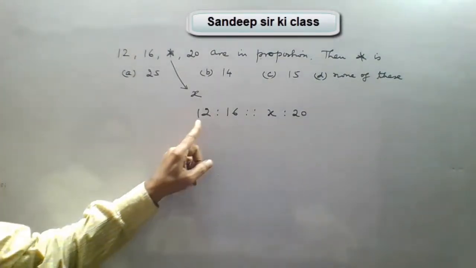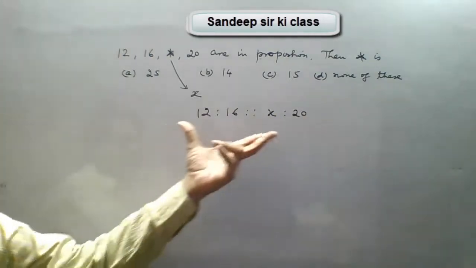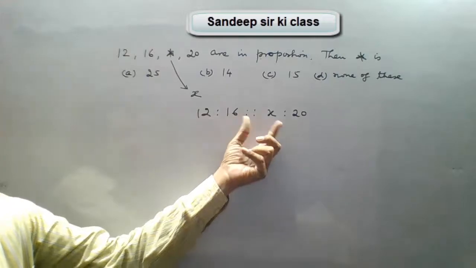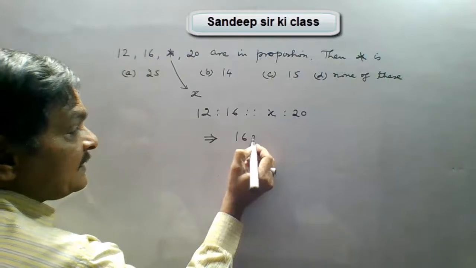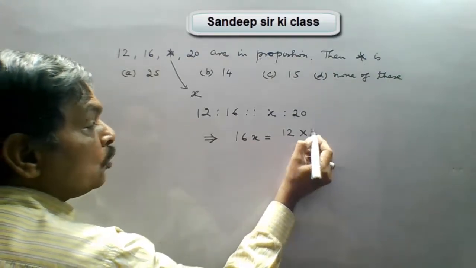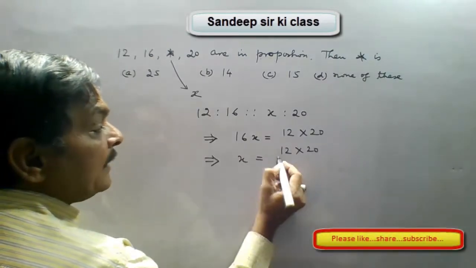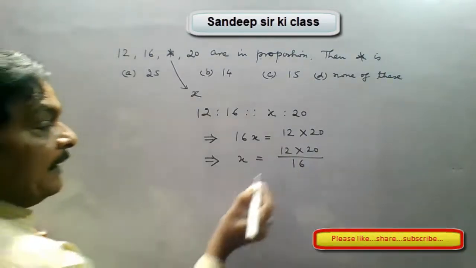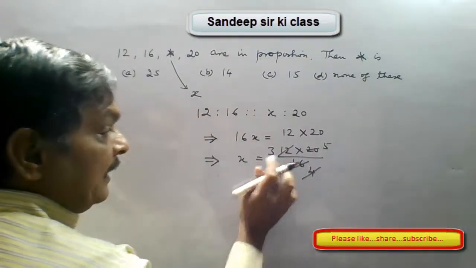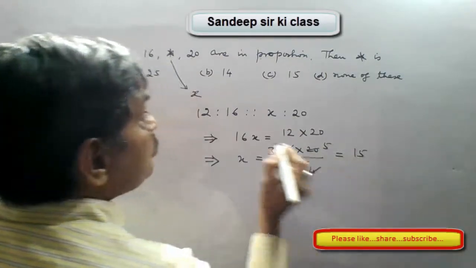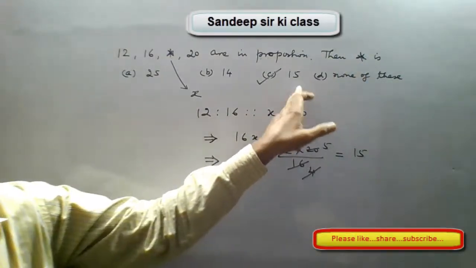Now product of extremes is equal to product of means. So we have 16x is equal to 12 into 20, which gives us x is equal to 12 into 20 upon 16. We simplify it. Now 3 into 5 is 15. So our option C is correct. The value of star is 15.